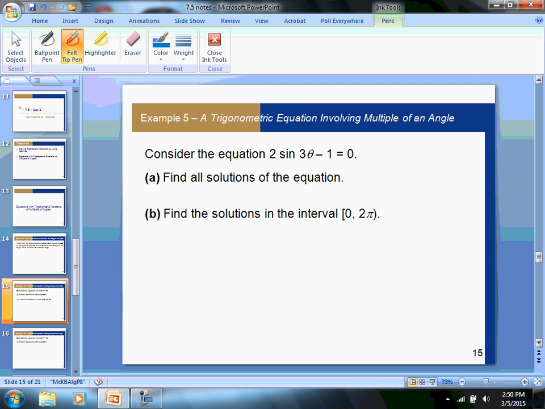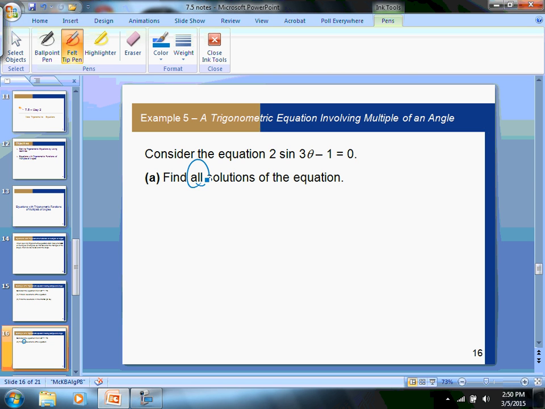Okay? So in part A, when we're finding our solution, let me go to the next slide here. We have our equation 2 sine of 3 theta minus 1 equals 0. So we're going to find all the solutions. And again, remember when it says find all, that means we want to do the plus 2k pi.